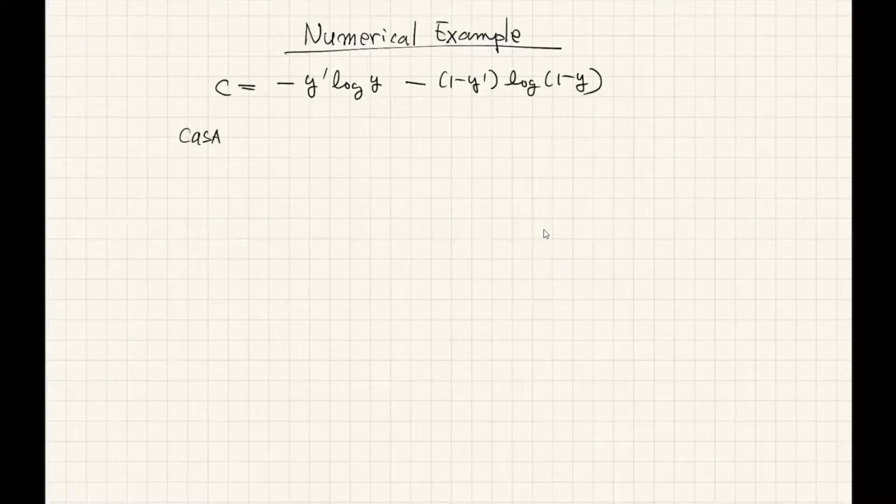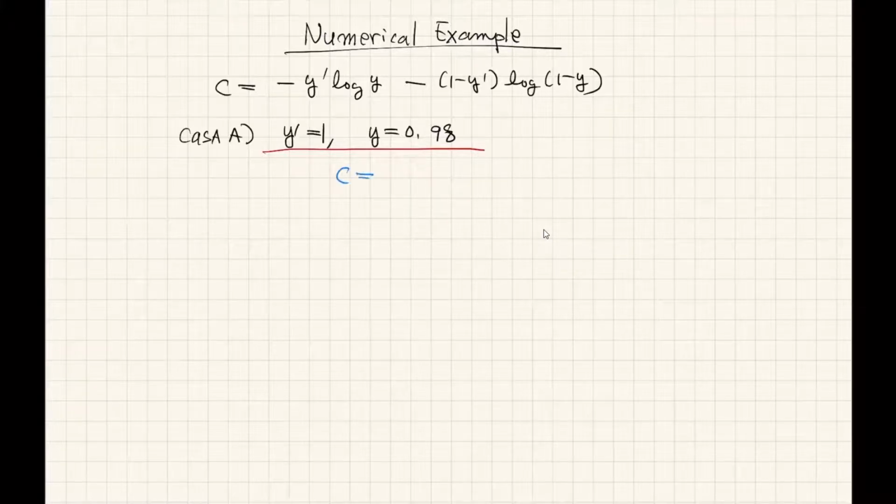Let's consider case A, where Y is equal to 1. Let's assume your target output is equal to 1, but your DNN output is 0.98. They are very close to each other. I think the DNN is near the end of the training process.